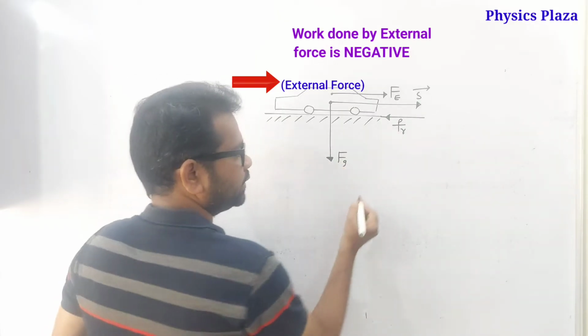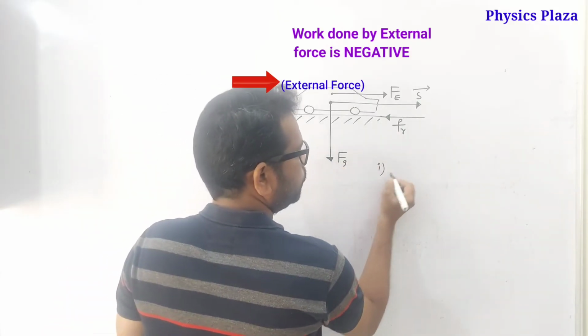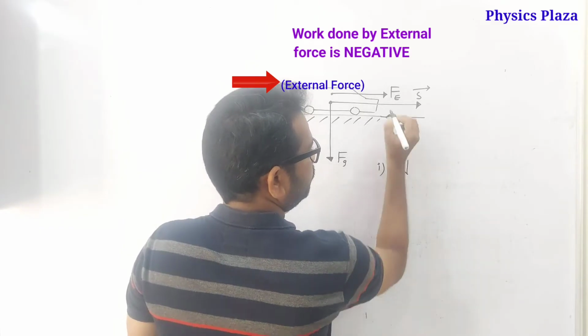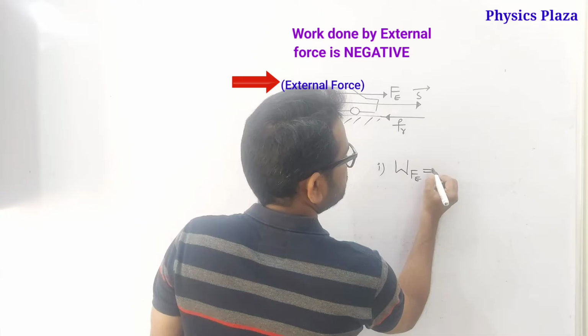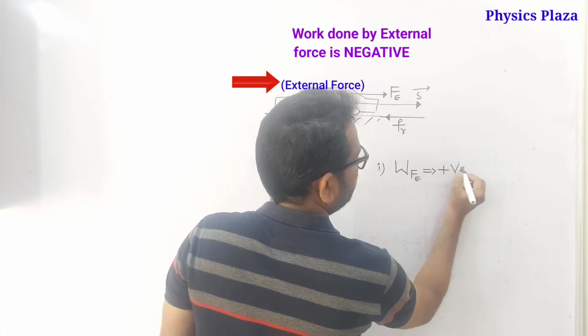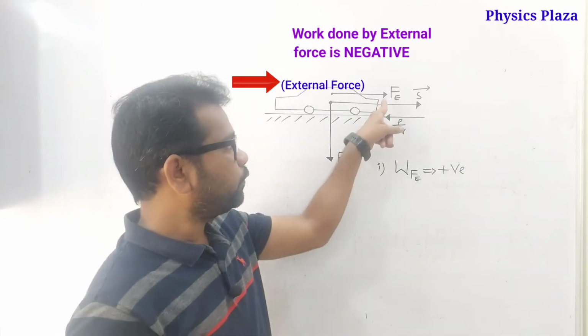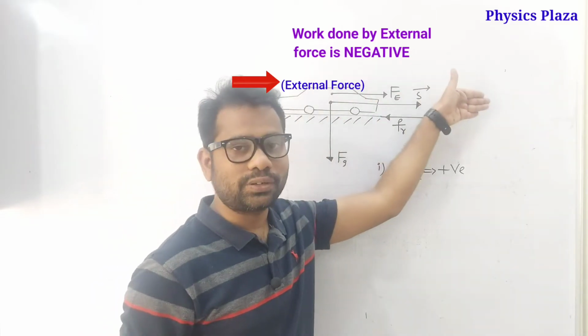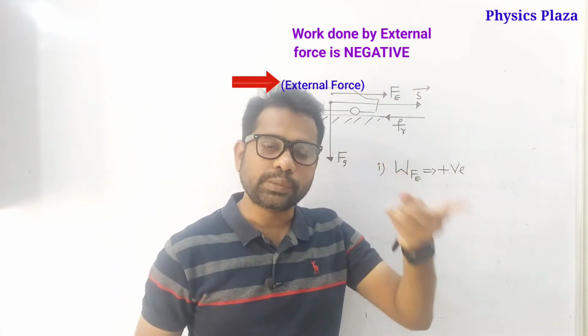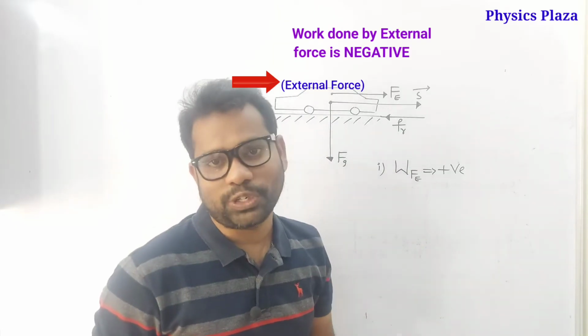Now, children, let us see case 1 here. Work done by the force of the engine is positive. Why, children? Because the force by the engine and the displacement are both in the same direction. So, whenever force and displacement are in the same direction, work done will be positive.